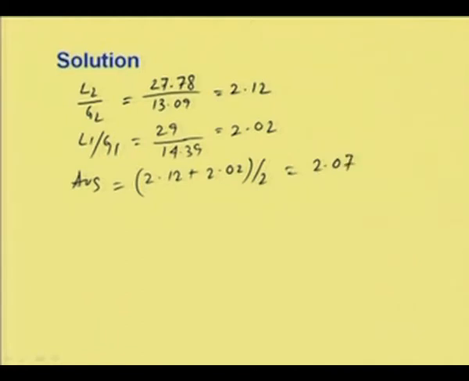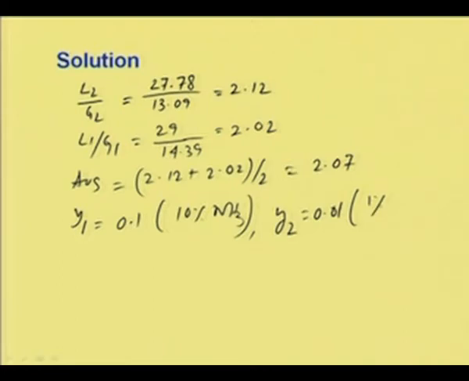With this ratio, we can approximate that the average L by G would be 2.07, and we know that Y 1 is 0.1, which is 10% ammonia, and Y 2 is equal to 0.01, which is 1% ammonia, and the liquid water is solute free.